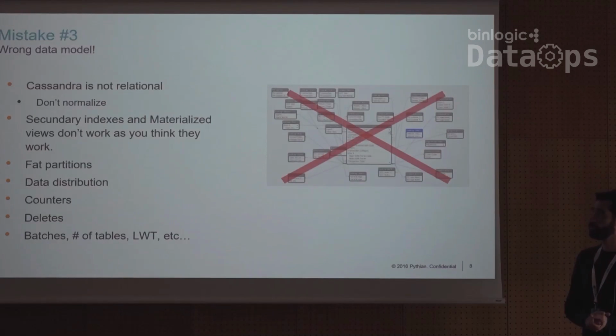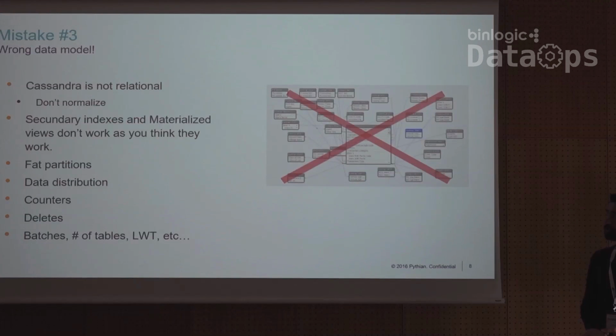Okay, so if I were to give this talk probably 1 or 1.5 years ago, one solution I would give for the secondary indexes and for the don't normalize rule would be, okay, just use materialized views. Unfortunately, it's a great idea, but the implementation of materialized views didn't turn out exactly how it was planned.